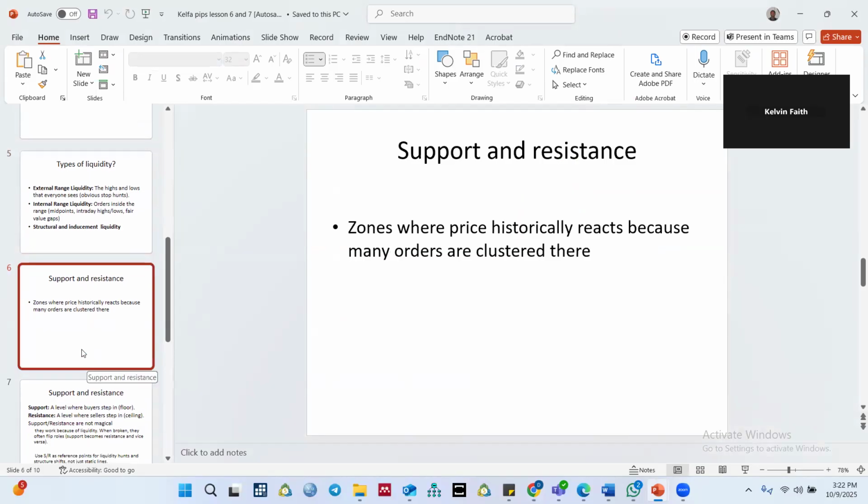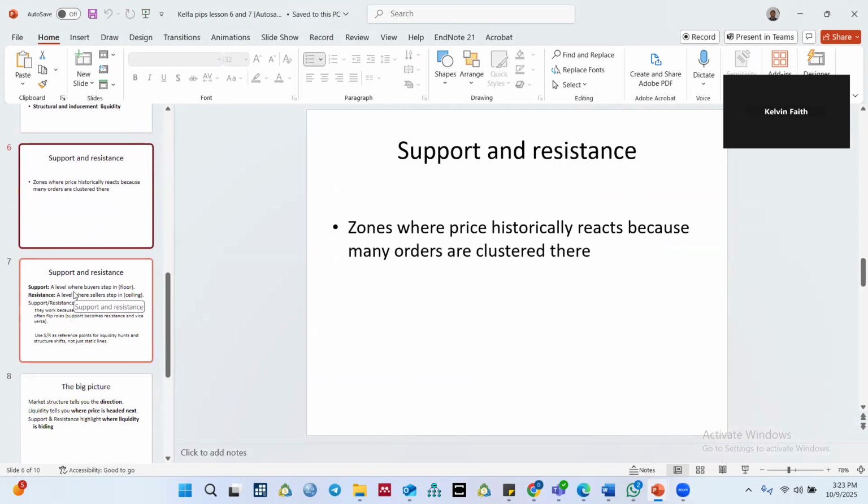So what is also still important for us? Let's look at support and resistance. Support resistance zones are where price historically reacts because there are many orders there. They are psychological zones where a lot of people find places where they will be confident to either buy or sell.